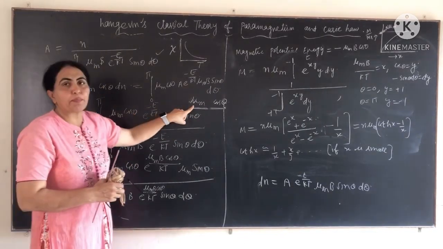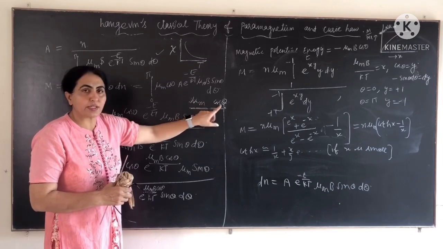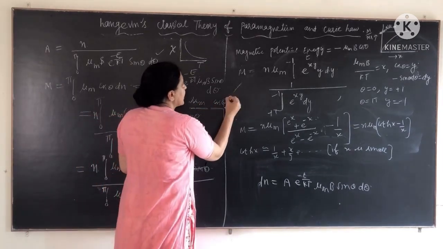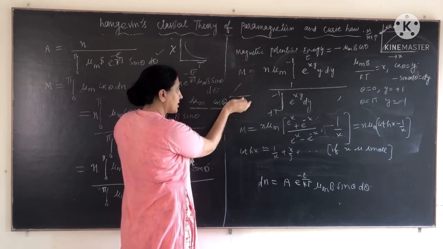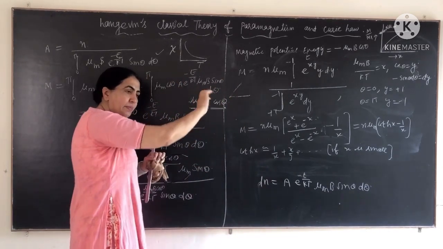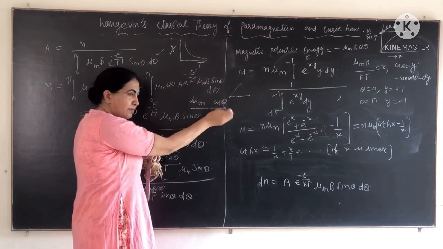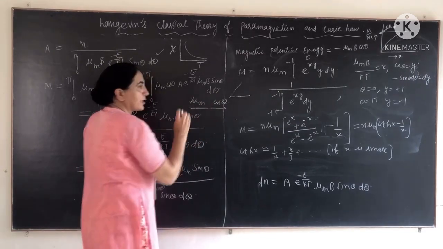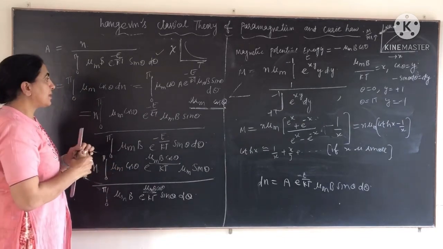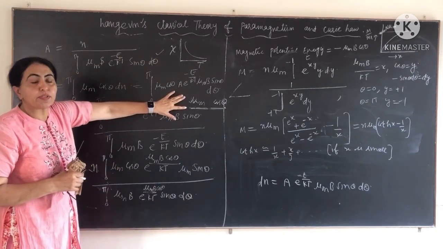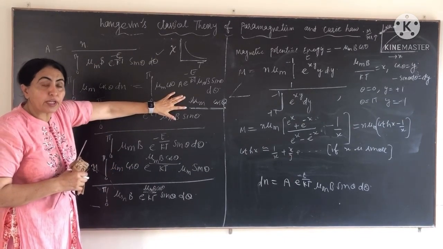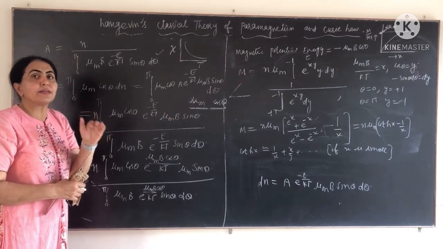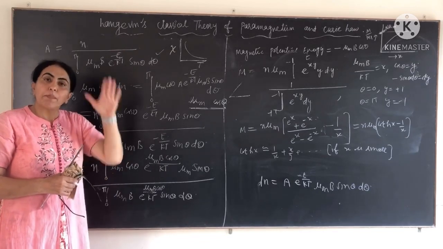Each dipole has a magnetic moment mu_m cos theta in the direction of the field, because when the dipoles orient themselves through torque in the direction of the magnetic field, the dipole moment of each dipole is mu_m cos theta. If we multiply by the number of dipoles, the number of molecules per unit volume, we will get the magnetization, because magnetization is the dipole moment per unit volume.